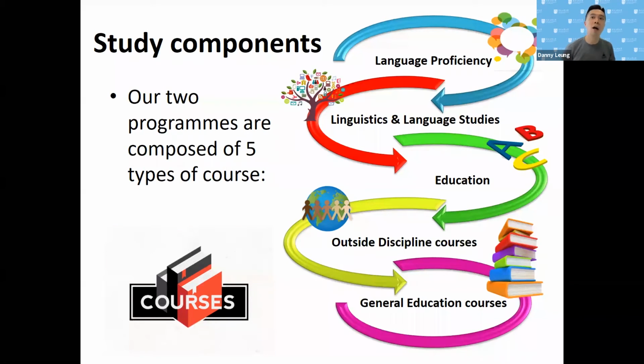Say, for example, if you're an English education major, you know everything about the English language, but you just want to know how you can make use of your pocket money to do some kind of investment, then for these outside discipline courses, you can take a business course or an investment course offered by one of our 5 schools in the university, which is the School of Business and Administration.